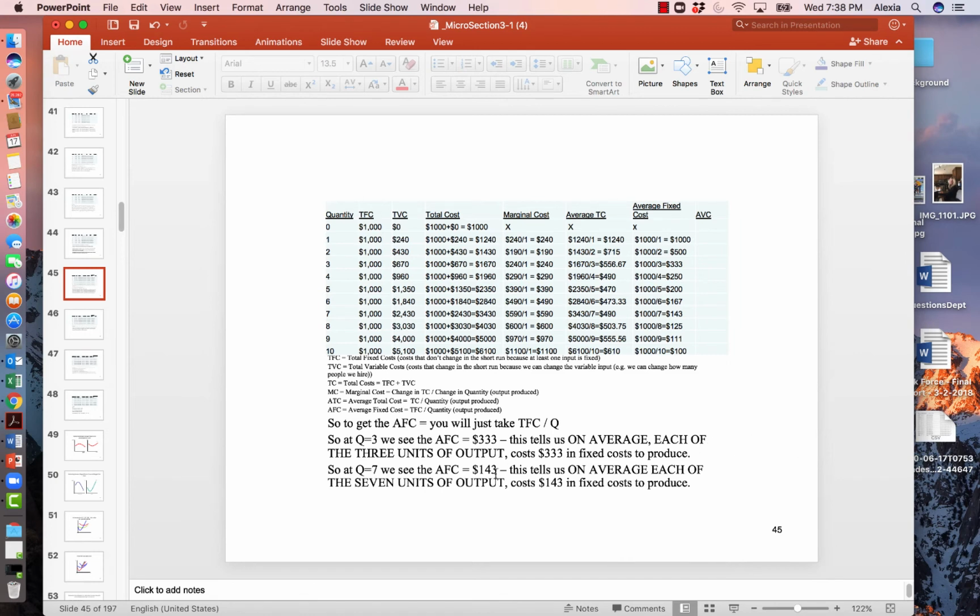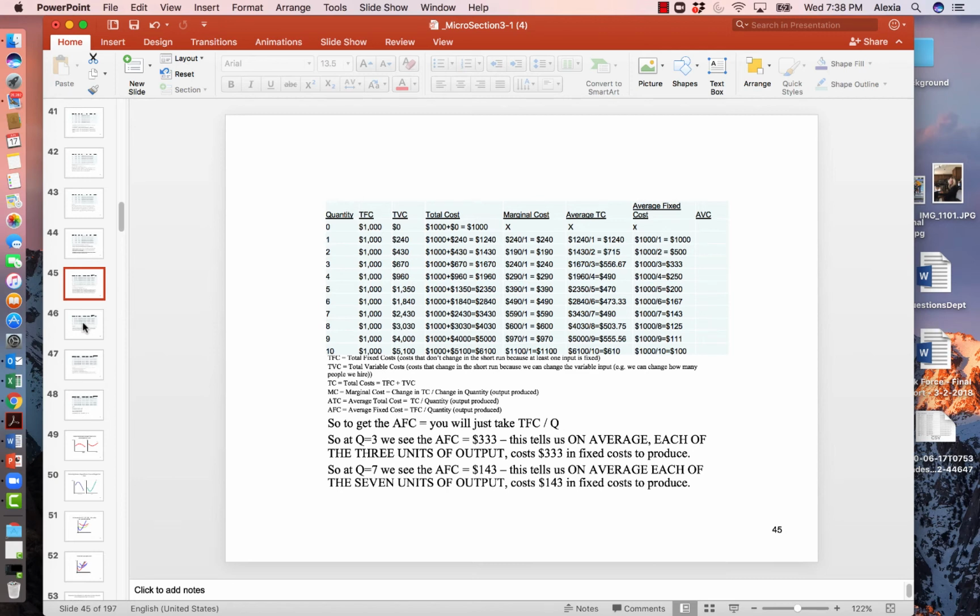No matter what your output is, your fixed costs are always going to be the same. So to get your average fixed cost down, you've got to get lots and lots of quantity. If you don't, your average fixed is going to stay pretty high.